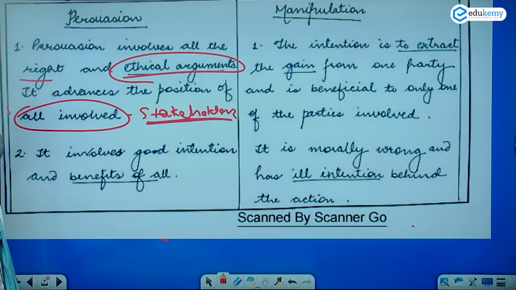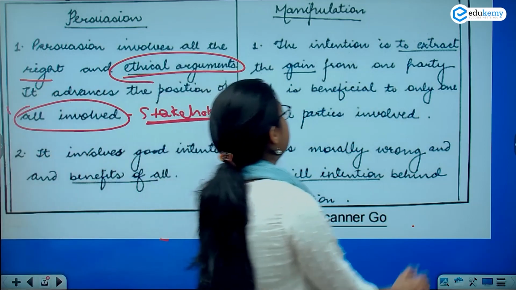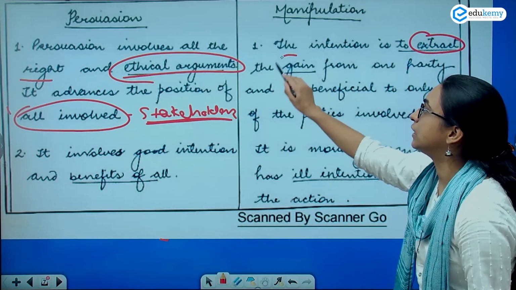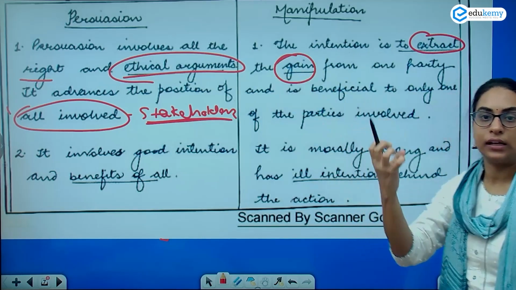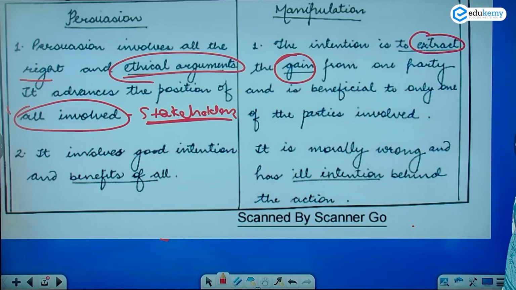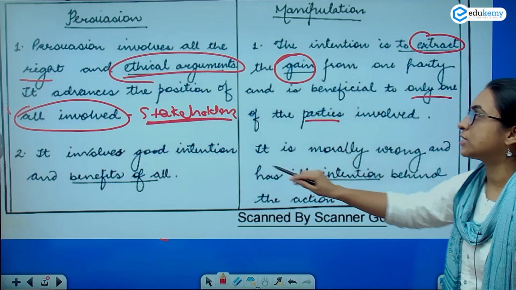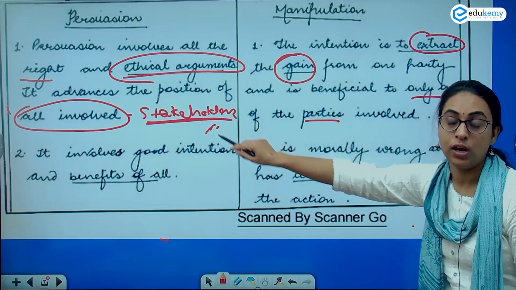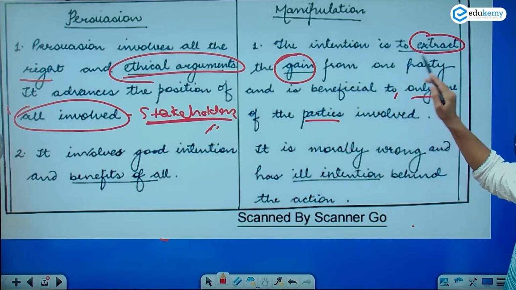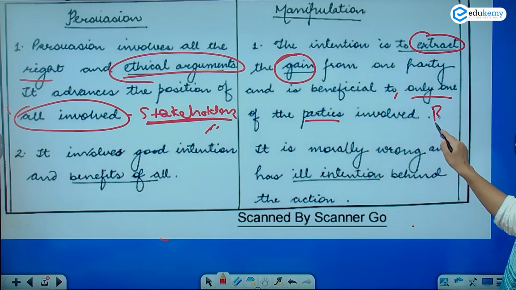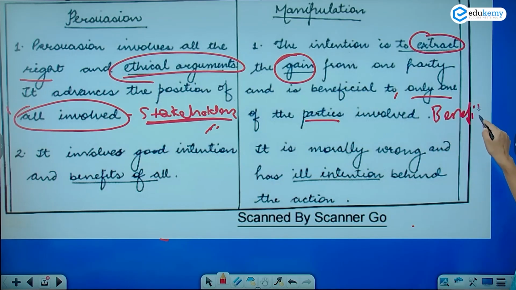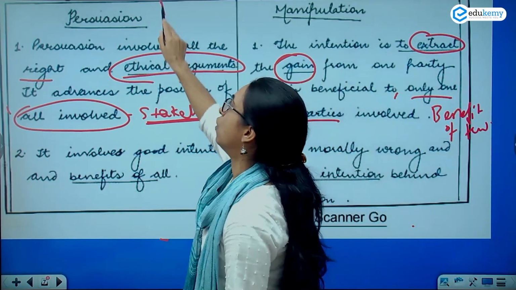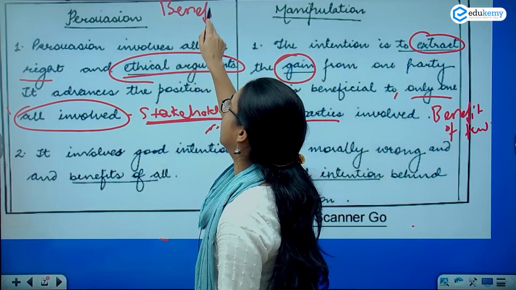However, in the manipulation, the intention is to extract the gain. You want to extract the gain from one party, and it is beneficial only to one party or two parties. So this is beneficial to all the parties. Persuasion involves benefit of all. However, manipulation involves benefit of few. So this involves the benefit of few, whereas this involves the benefit of all.